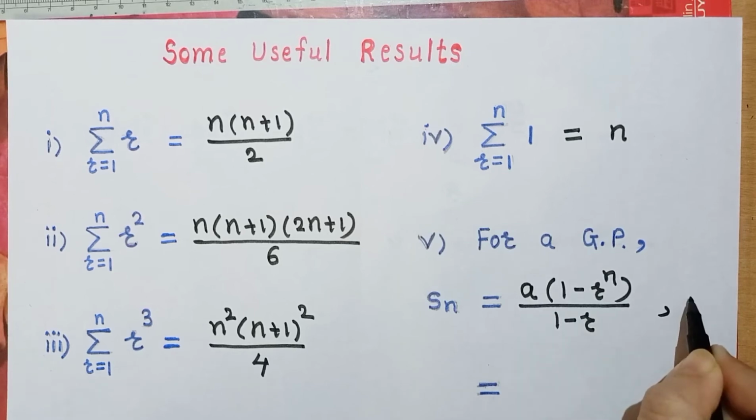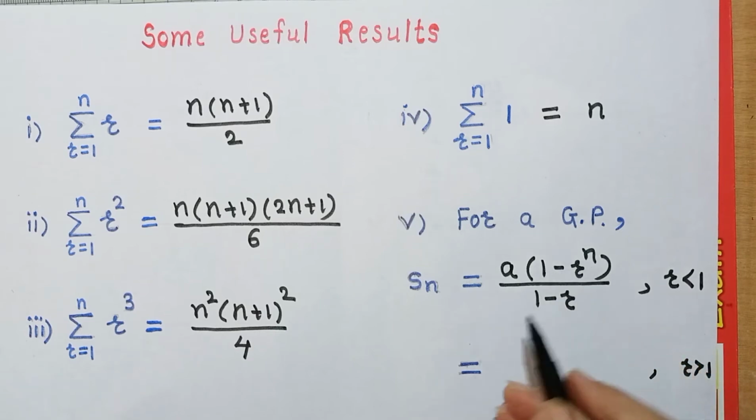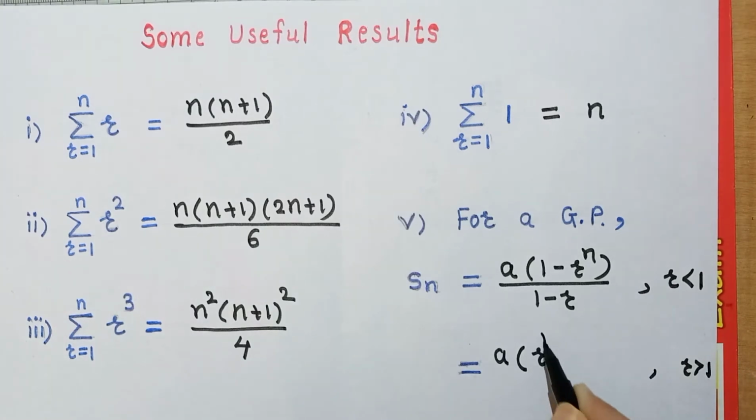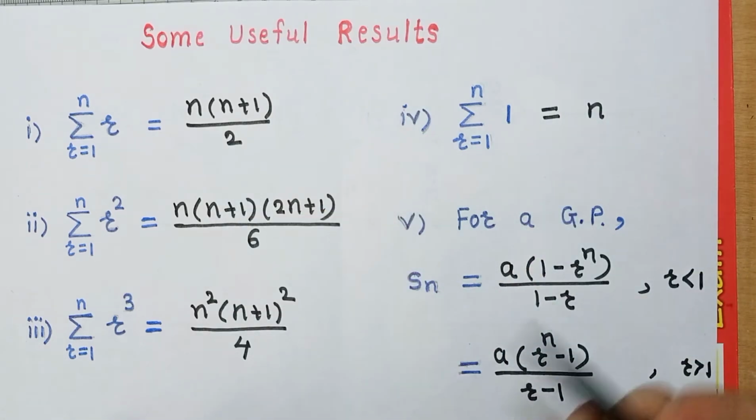This is for r less than 1. And when r is greater than 1, we will reverse this: the first term as it is, and here we will write r raised to n minus 1 upon r minus 1. We will use all these formulae while solving exercise 4.1.